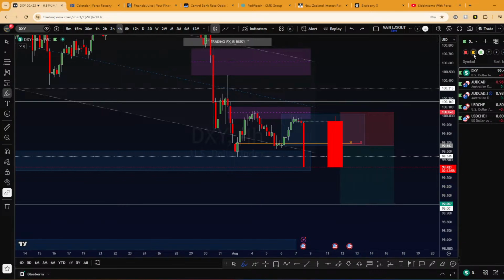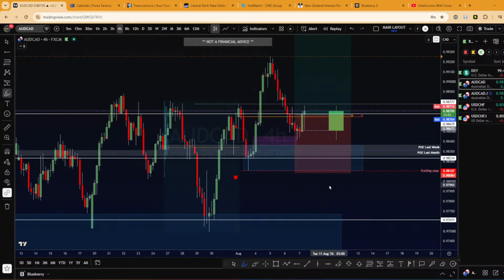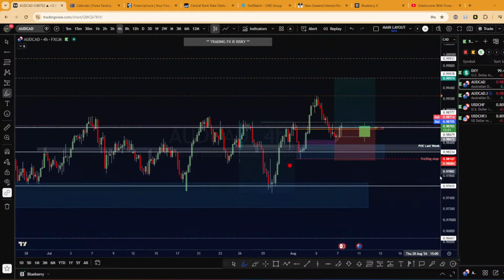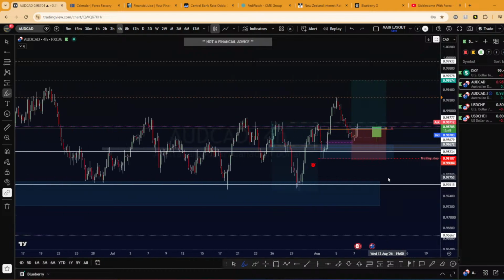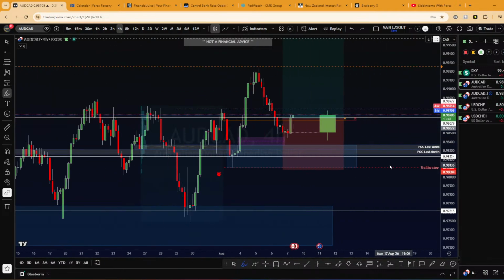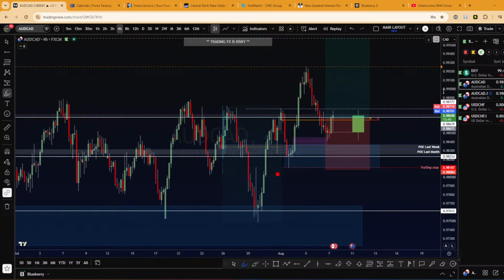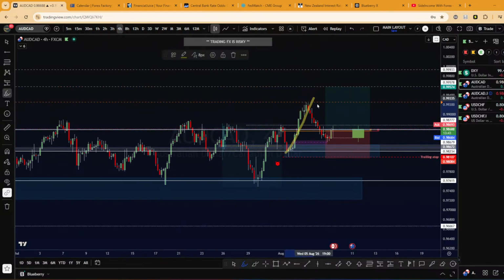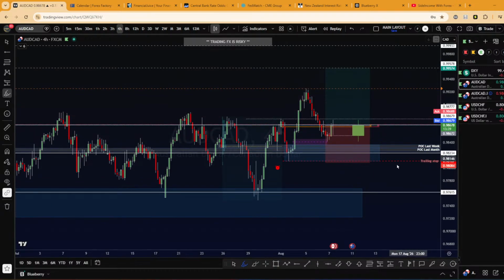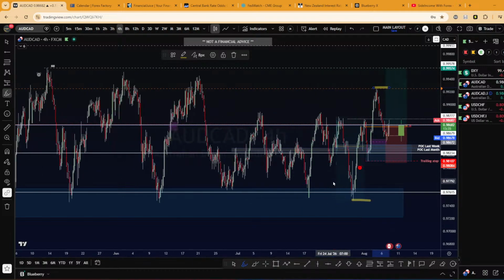So let's see what I have on. Aussie is pretty much going well, so I expect a continuation. I'm bullish from this low to this high on Aussie.